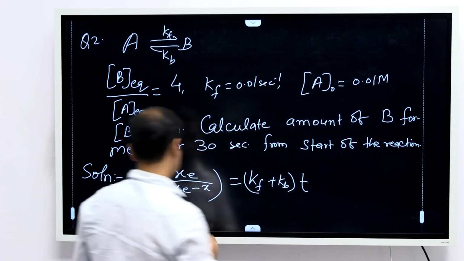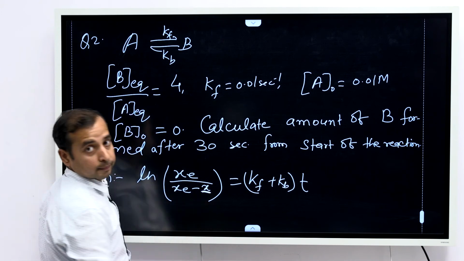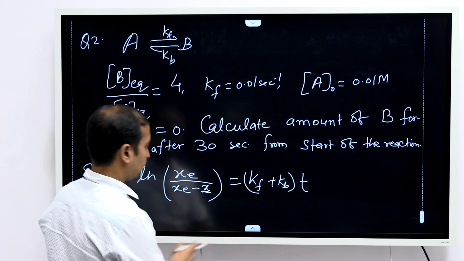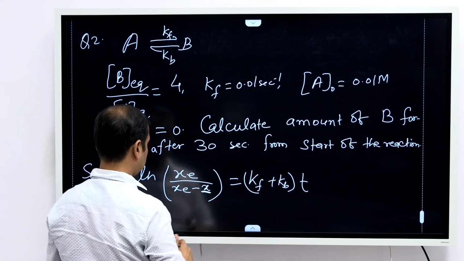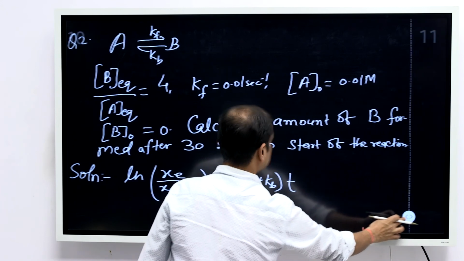Here we have t. Now in this question we have to calculate x. So to calculate x we need the value of kf, we need the value of kb, and we need the value of xe.